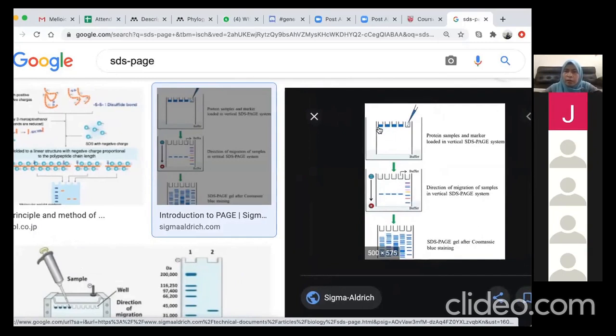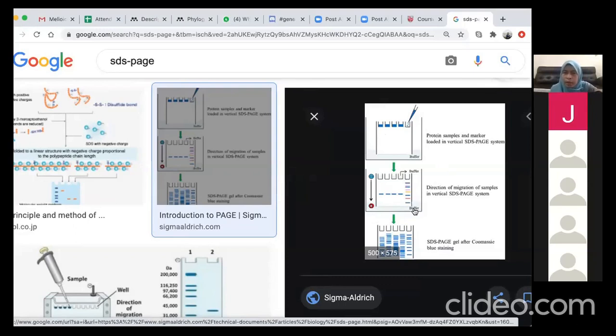First, all of the protein is loaded inside the well. After you have loaded the protein into the well, you apply the electrical current, and after some time the buffer will help to regulate the positive and negative charge. It will pull the protein.